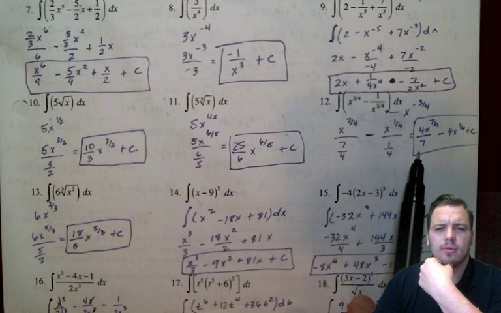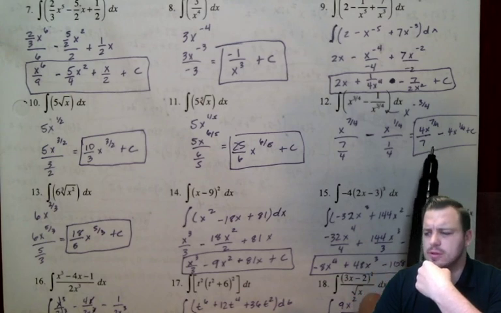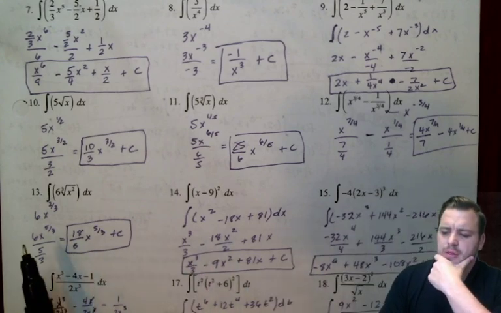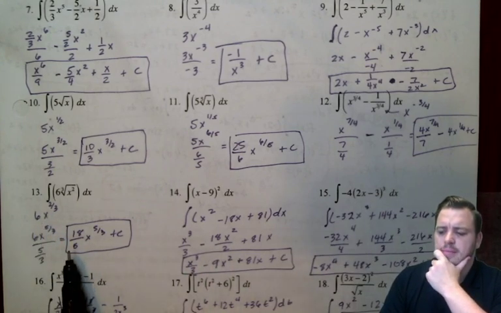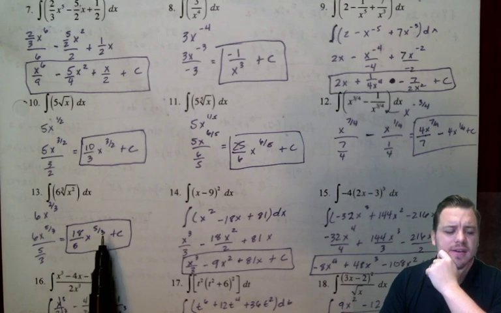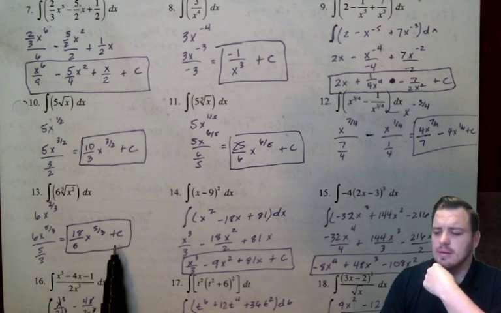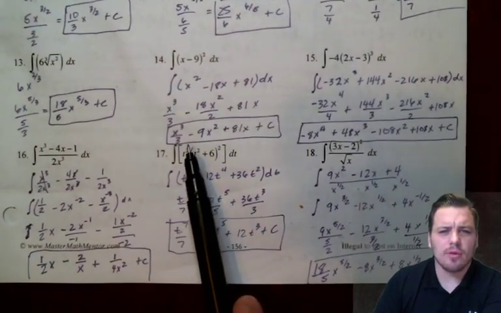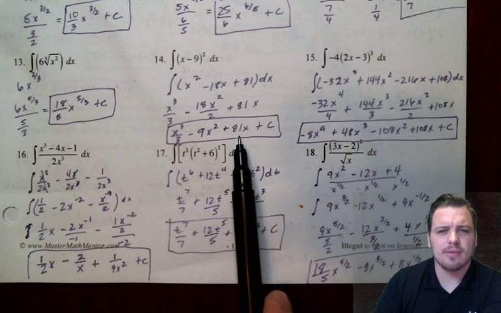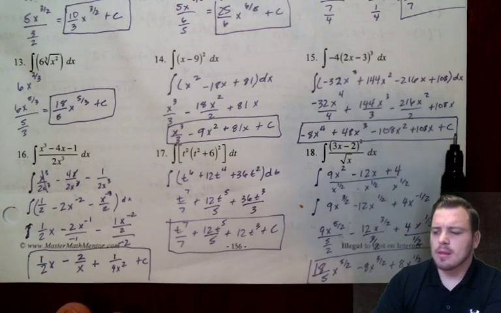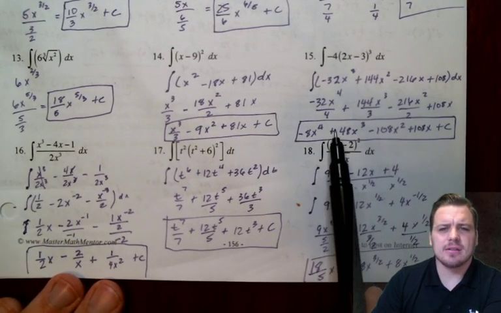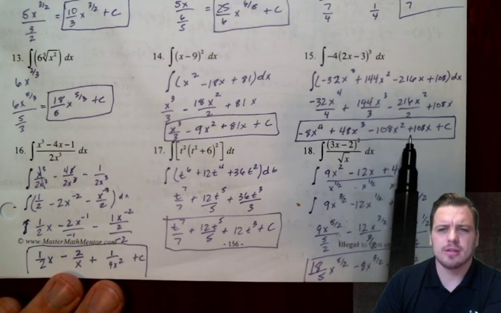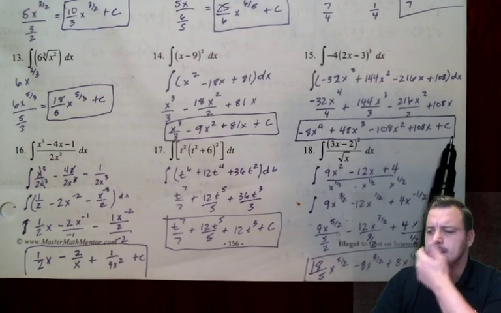Number 12, 4x to the 7 fourths over 7 minus 4x to the 1/4 plus c. 13, 18 over 6x to the 5/3 plus c. 14, x cubed over 3 minus 9x squared plus 81x plus c. Number 15, negative 8x to the 4th plus 48x cubed minus 108x squared plus 108x plus c.